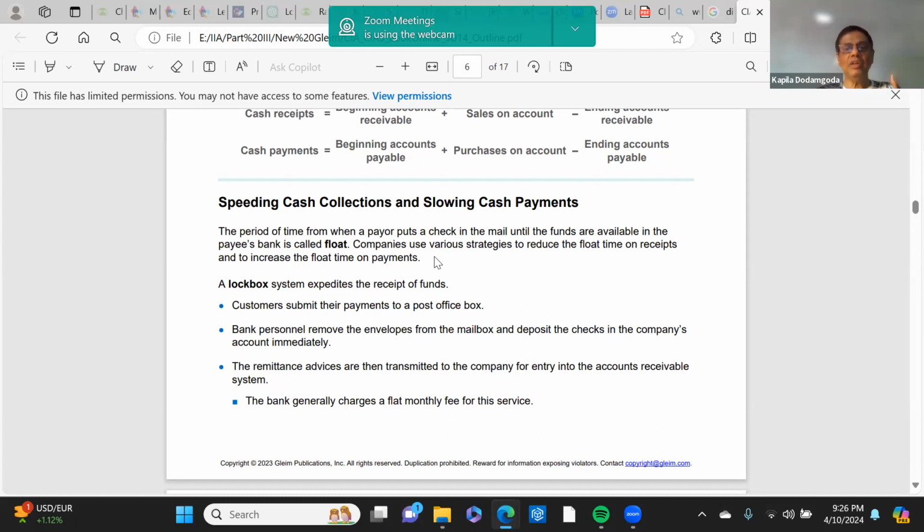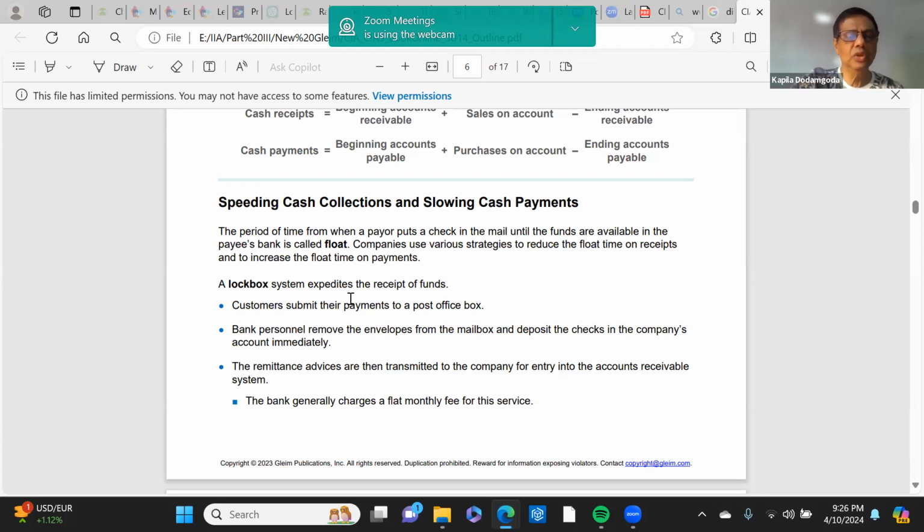On the other hand, if you are receiving money, the customer says, I posted you the check, but you need to get it as early as possible. So then you want to reduce the float. Companies use various strategies to reduce the float on receipts. Obviously, when you're receiving money, you should reduce the float, get it as fast as possible, and increase the float when you make the payment. Obviously, that is our requirement.